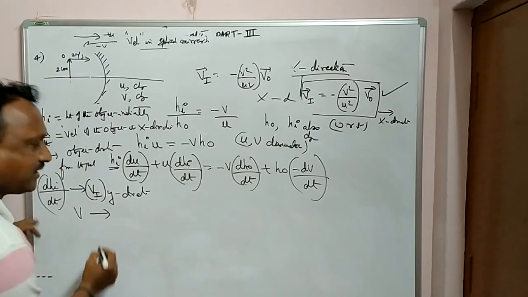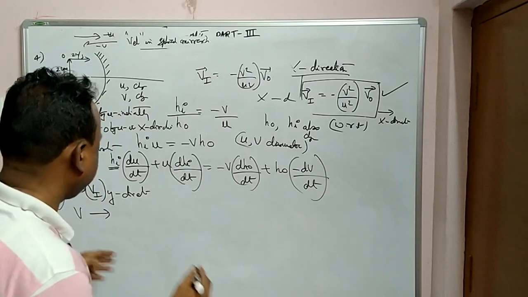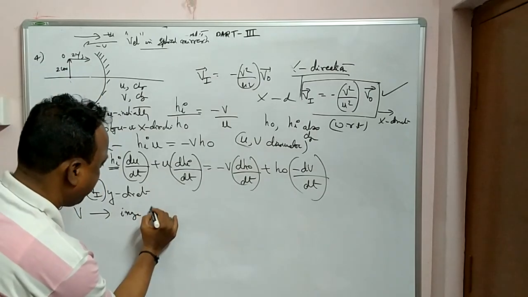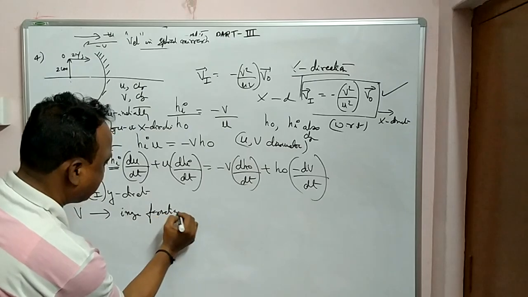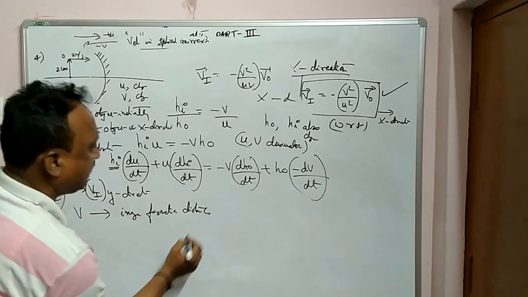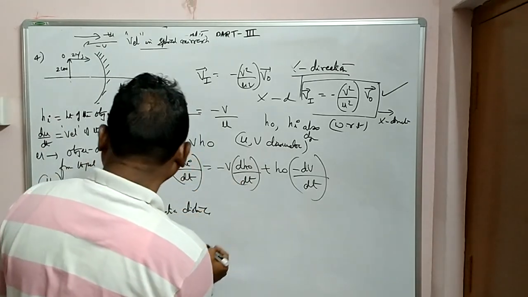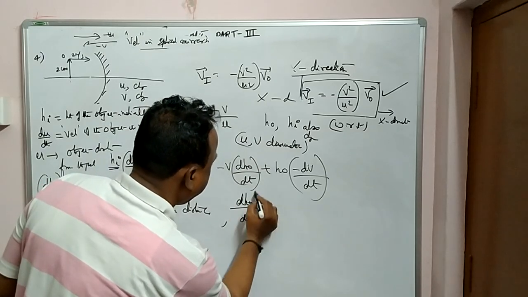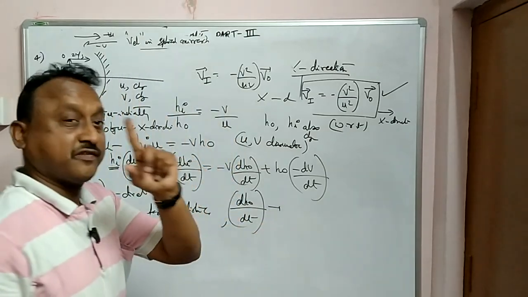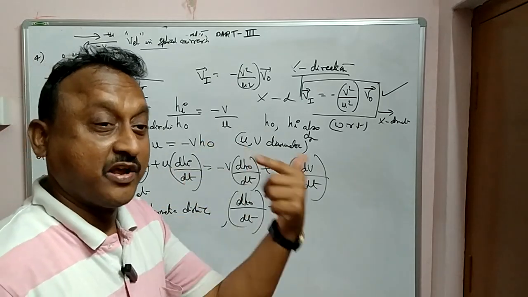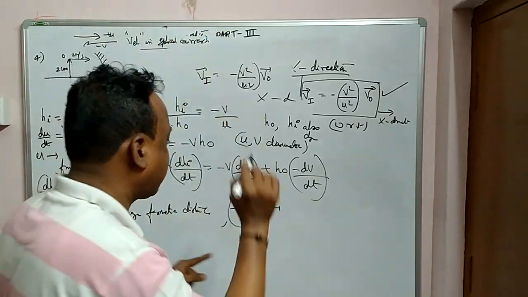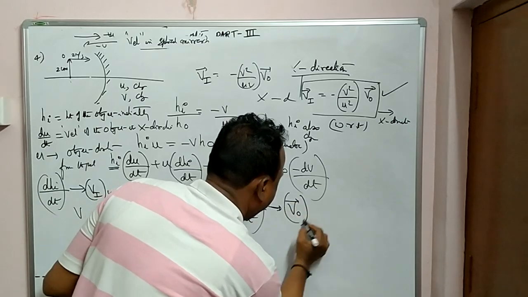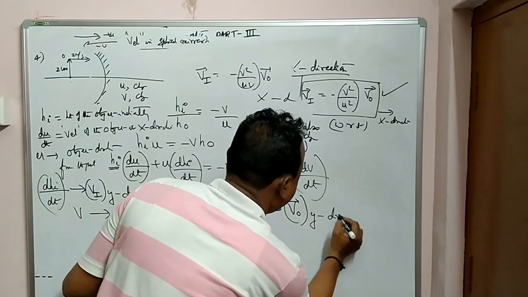The image distance, where the image is formed, on the right side or left side. And what is dH0 by dt, please? It is the velocity of the object in the y direction.